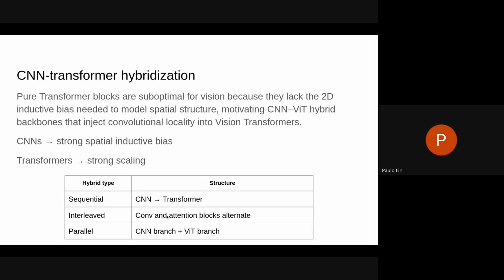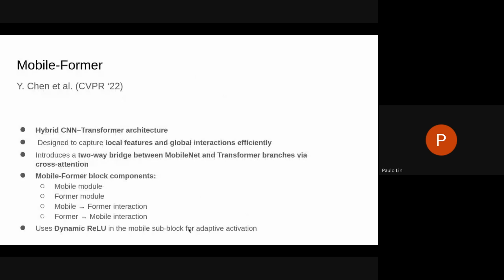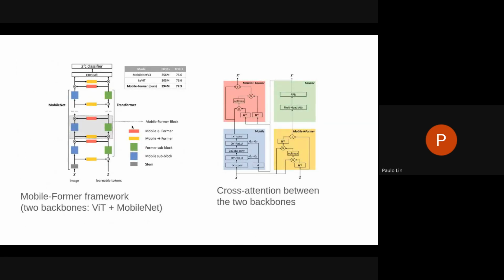The first one is using a convolutional neural network at the beginning of the backbone, and then moving to a transformer, or combining or interleaving convolutional and attention blocks. And the last one is to have two branches or two backbones. One is convolutional and the other is fully transformer based. This is very similar to MobileFormer, where there are two backbones for the architecture.